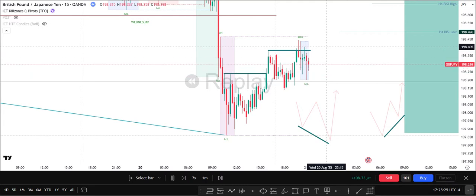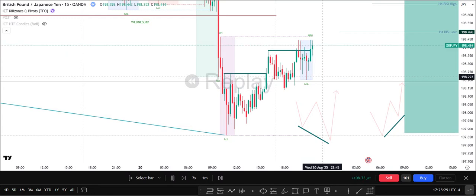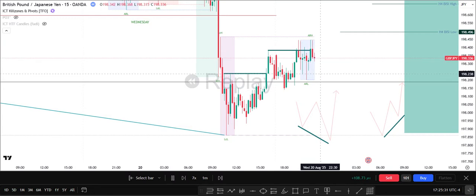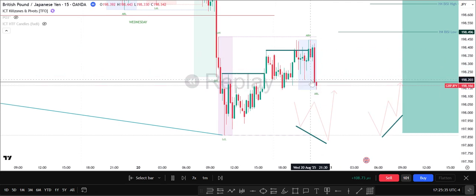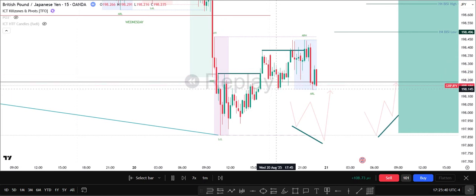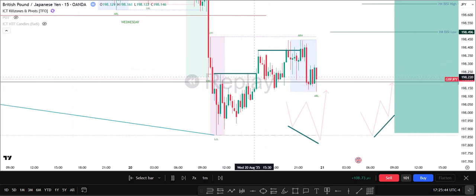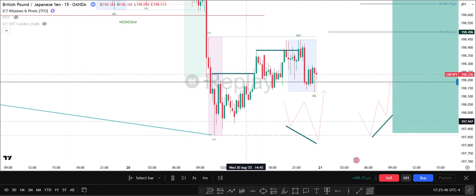We want to see clean closes up. See, it takes this low, but remember it is still in this order block from here up to here.